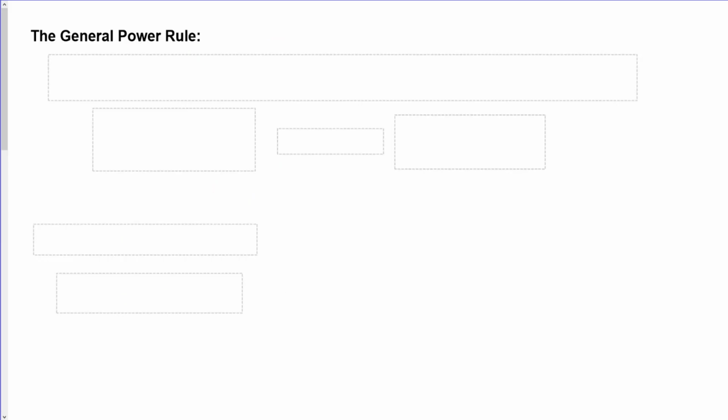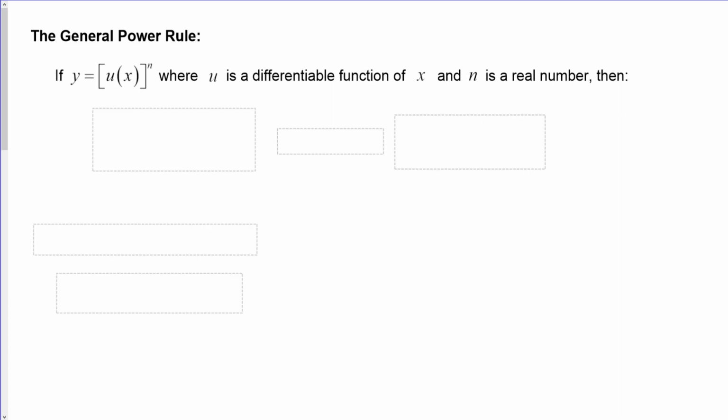These examples lead us to some generalized rules for derivatives, which combine a rule that we previously learned with the chain rule. The first of those is called the general power rule. So if y equals u of x to the nth power, where u is a differentiable function of x and n is a real number, then dy dx is n times u of x raised to the n minus 1 times du dx.